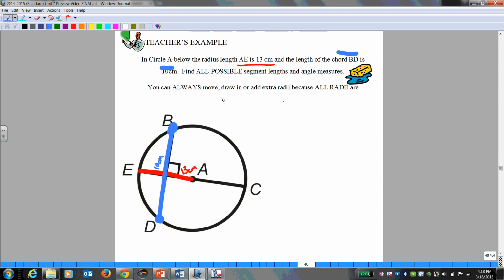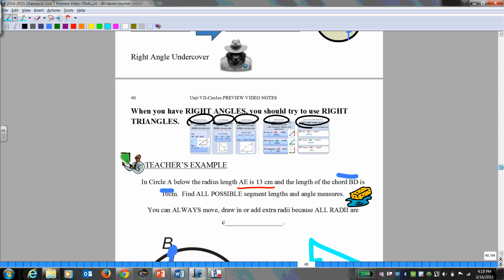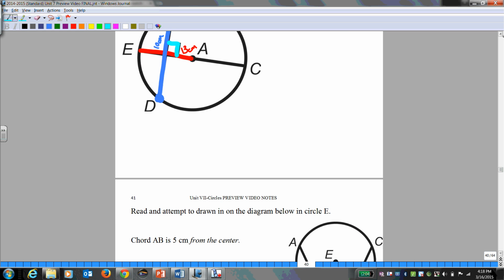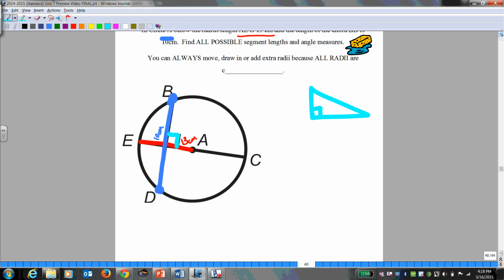Now you're like, wait a minute. There are no right triangles here. How can I solve? I do see a right angle, but I don't have any right triangles. And if I don't have a right triangle, I can't really solve for anything because right triangles are absolutely everything. So if you don't see a right triangle, you should always ask yourself, can you make one?